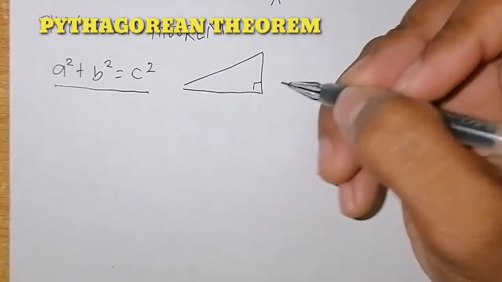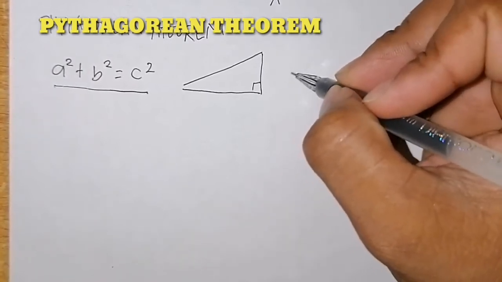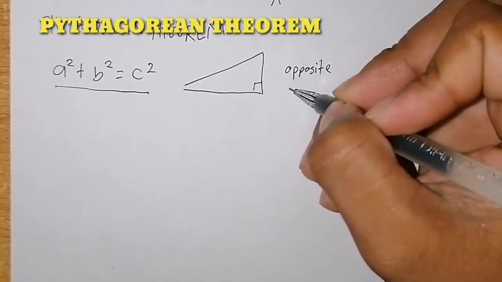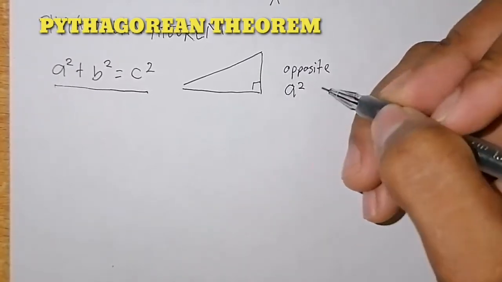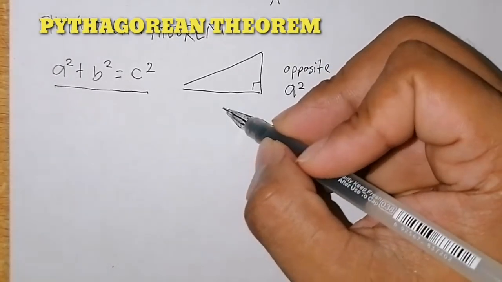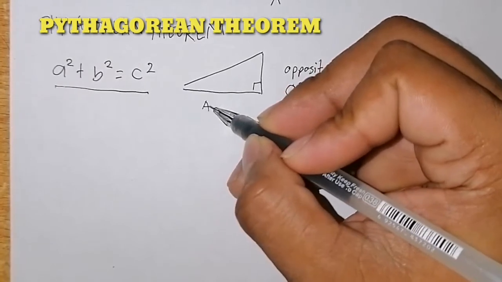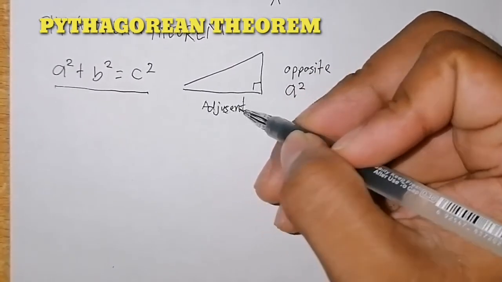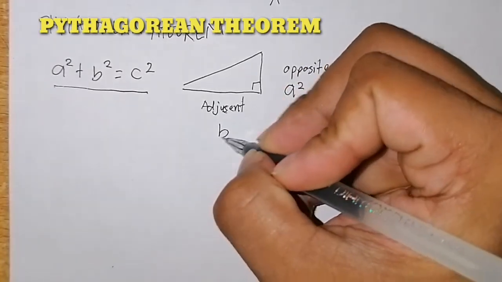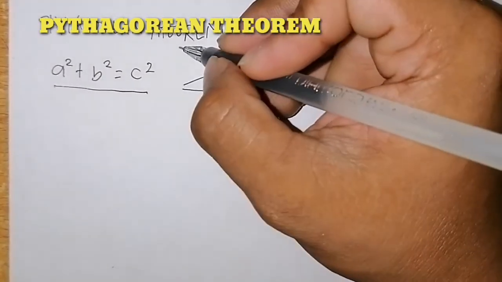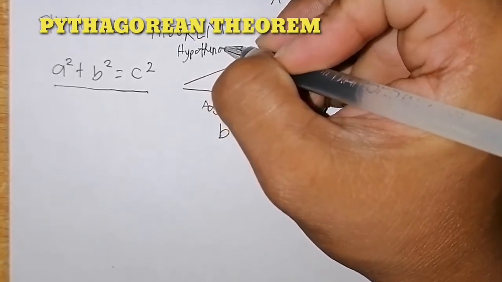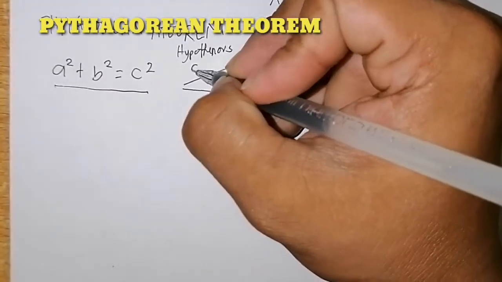This is 90 degrees. We have the opposite as a squared, we have the adjacent as b squared, and we have the hypotenuse as c squared.